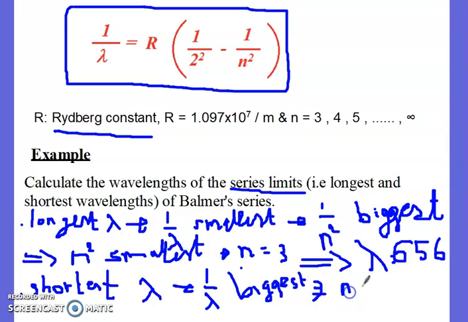So n equals infinity. The biggest value of n is what? Infinity. Then if you do the calculation, you get lambda approximately 365 nanometer.